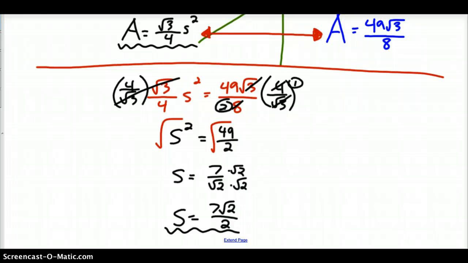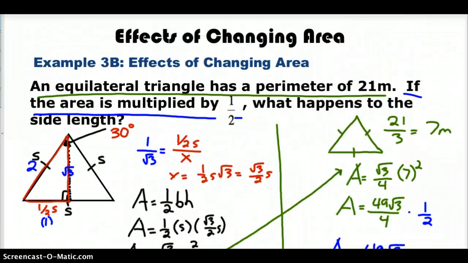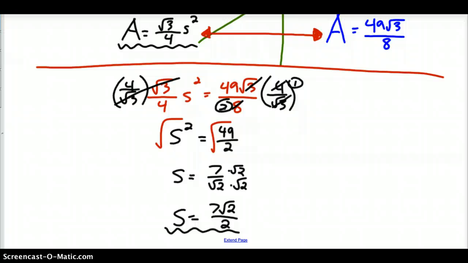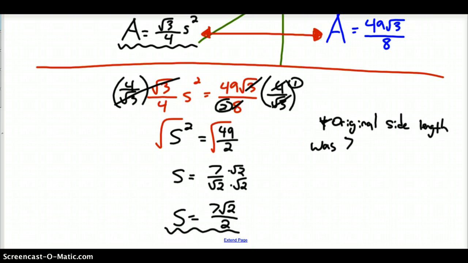Okay, and so if we look back at the original question, it asks us what happened to the side length. I'm just going to write down a little star over here. The original side length was 7. The new side length is 7 radical 2 over 2.